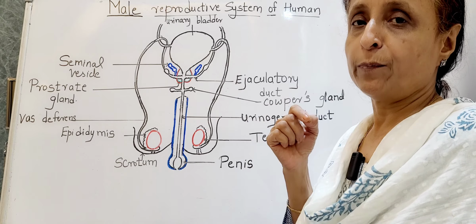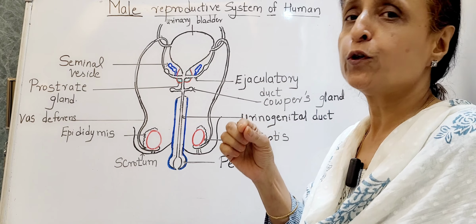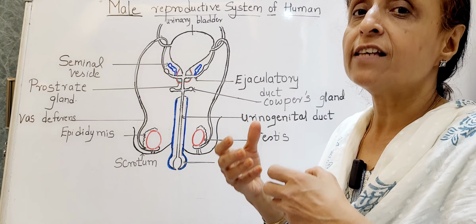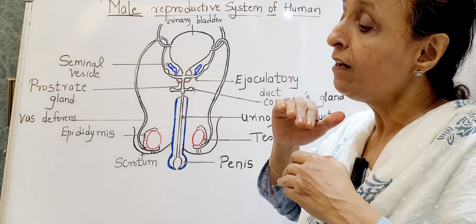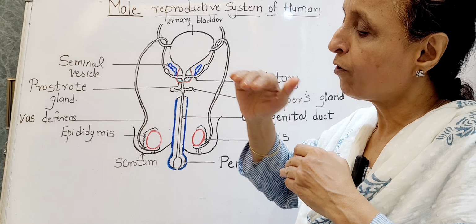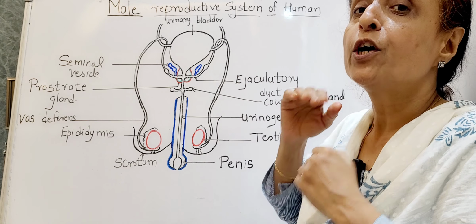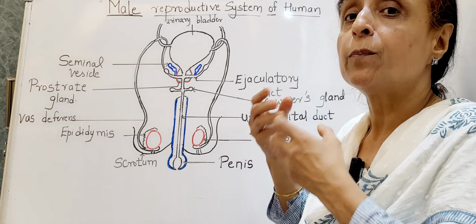These tubules, small tubes, have germinal layers which produce sperms.